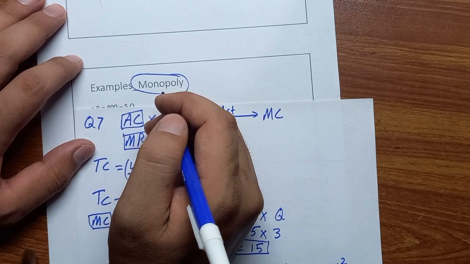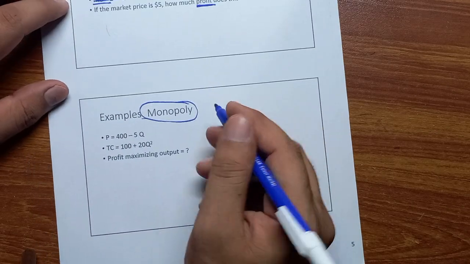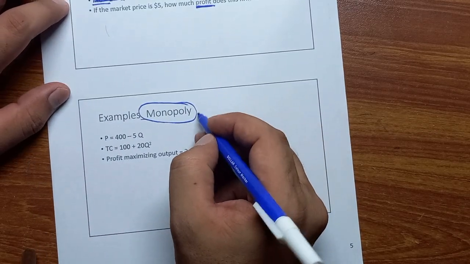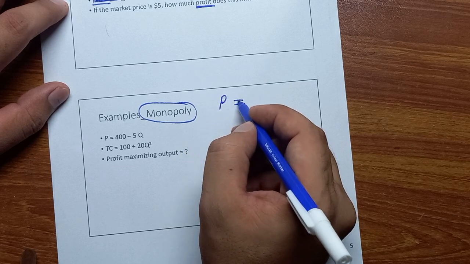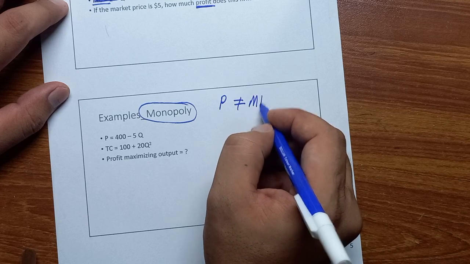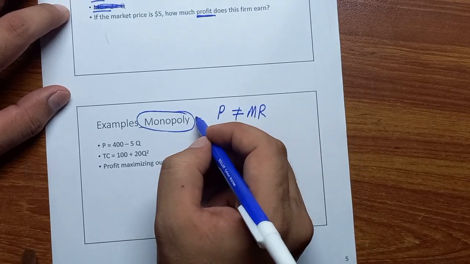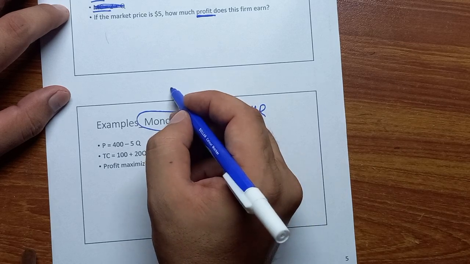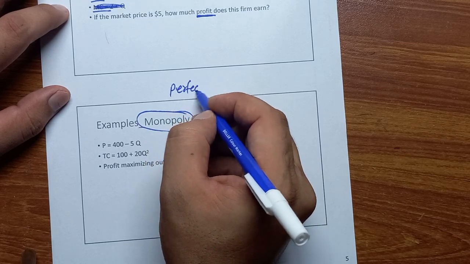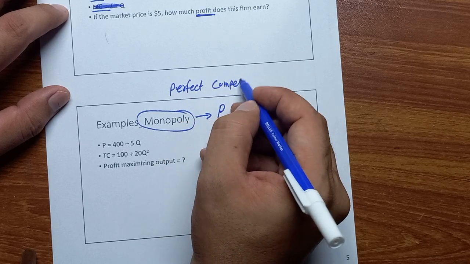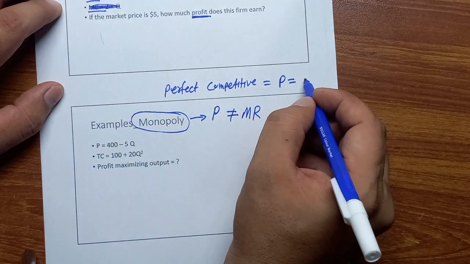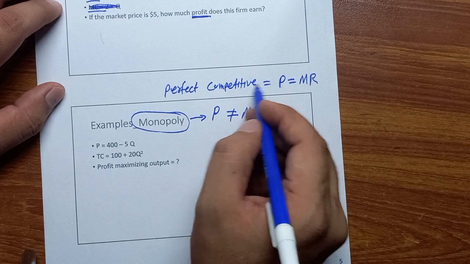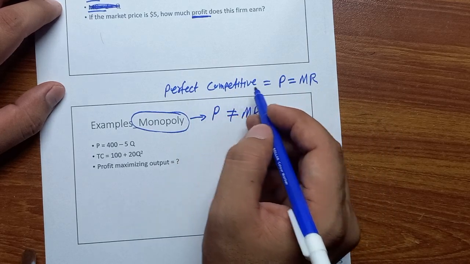In the monopoly market, we say that price is not equal to MR. This is in the monopoly market, but in the competitive market we can say that the price is equal to MR, but this is only in the perfect competitive market.